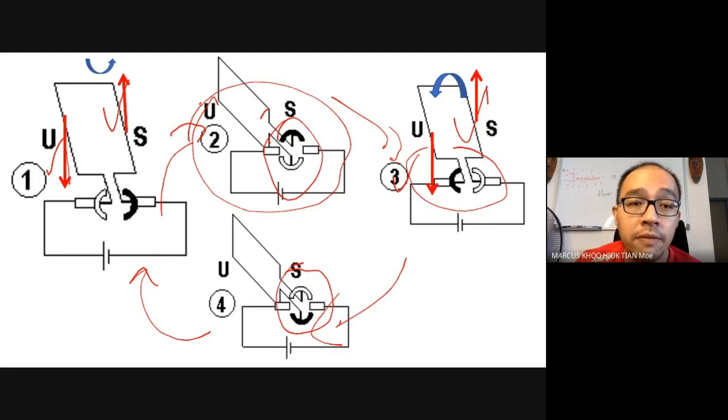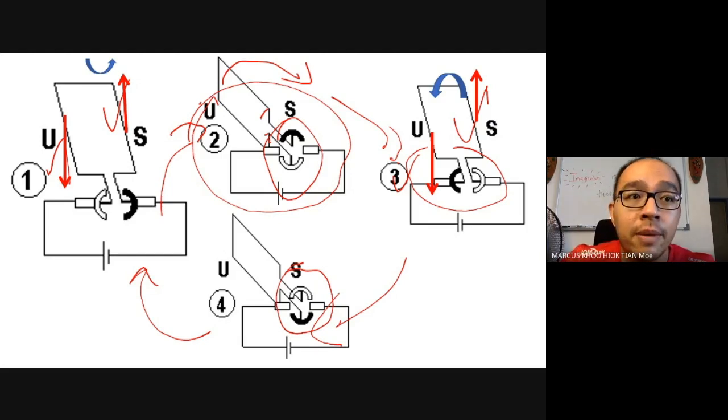But even though there is no contact, I hope that you remember that the coil will still continue to rotate because it has already started moving, and there's nothing stopping it from moving. There's no outside force stopping it from rotating.